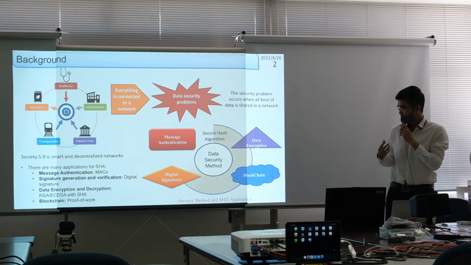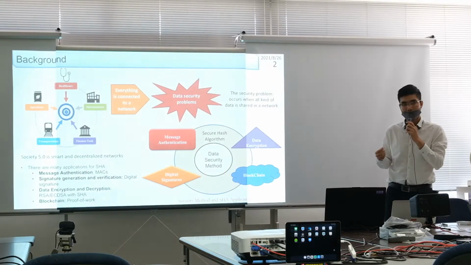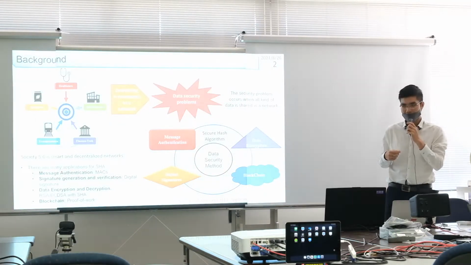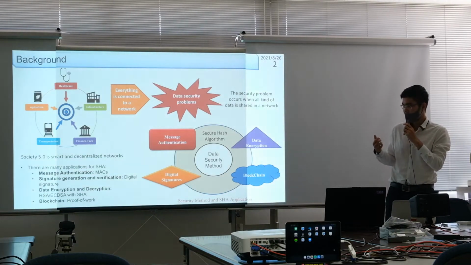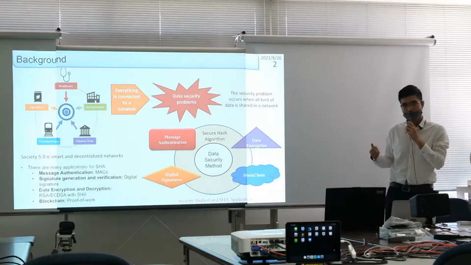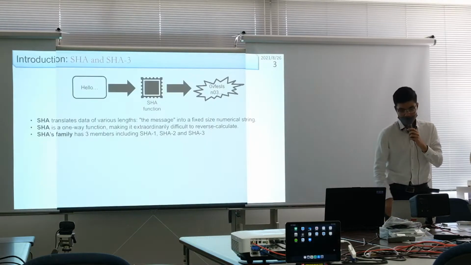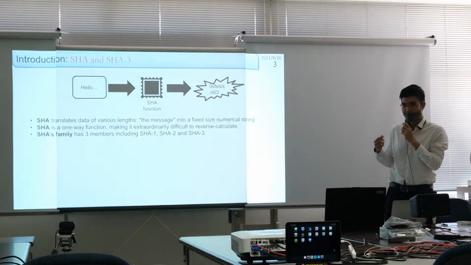The main feature is that the secure hash algorithm can cover all of those applications. It can be used in a MAC, in a digital signature, in RSA or some other data encryption algorithm, and it also plays a very important part in blockchain work. So SHA is very important.